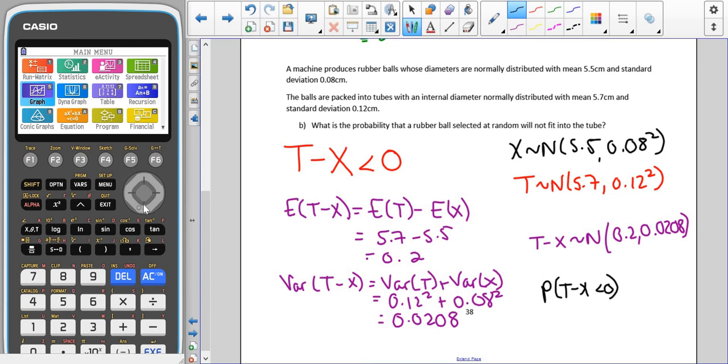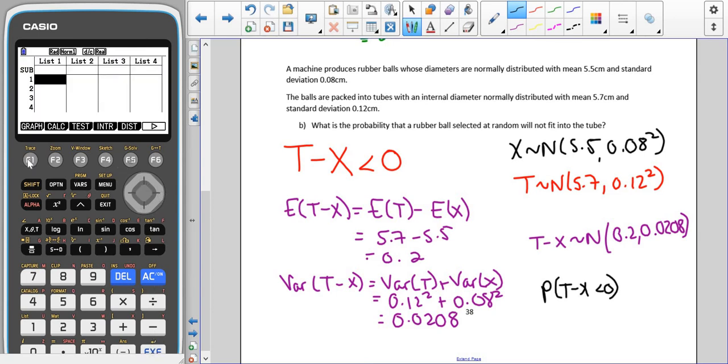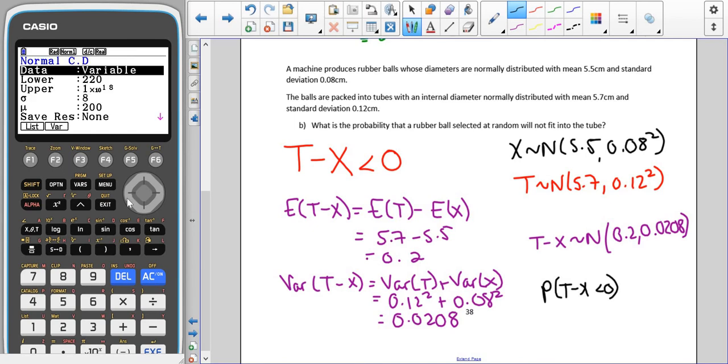So when we are finding our probability that T minus X is less than 0, we're going to go back into stat, dist, norm, NCD. The biggest that we want is 0, so our upper is 0. Our lower is going to be a really big negative number, so minus 9999999. Our standard deviation is going to be the square root of our variance, which is the square root of 0.0208, and our mean is going to be 0.2.